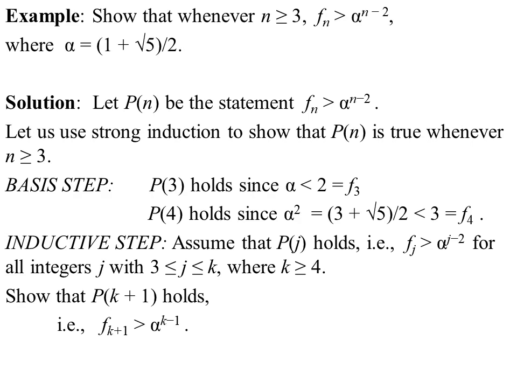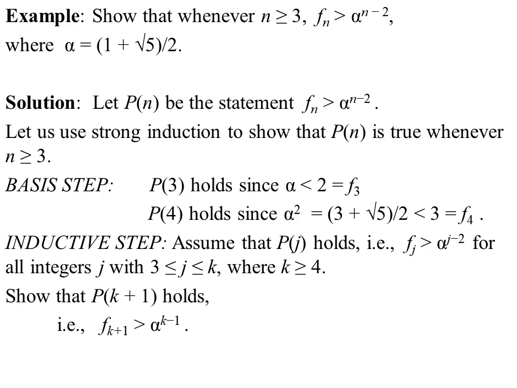Take 2 common out, it will become 2 into (3 plus root 5) divided by 4. You cancel out 2's, so it finally results in (3 plus root 5) by 2. That is how you got alpha square value.